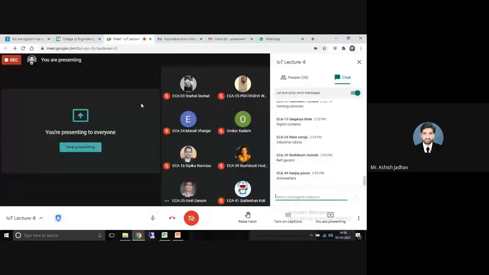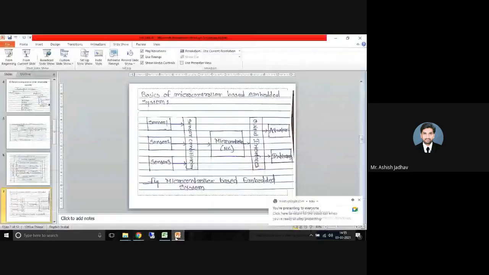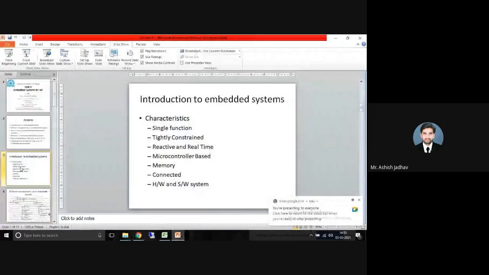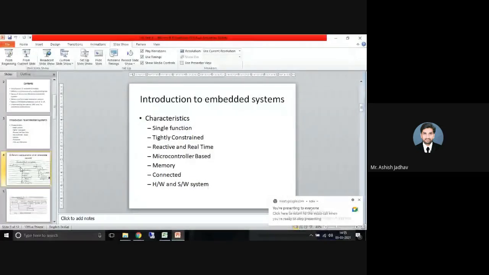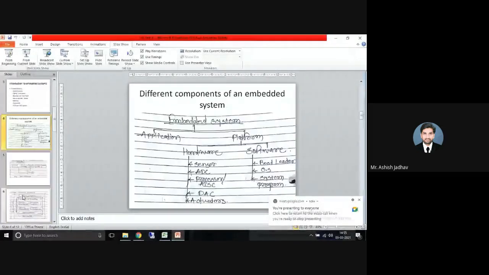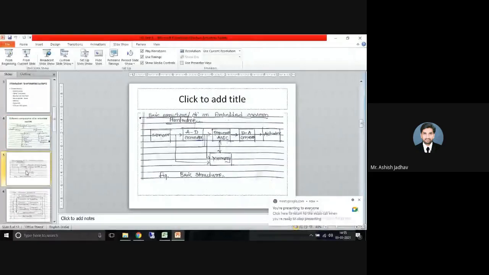Okay, so with that understanding, I have a plan for software-based embedded systems tomorrow. Maybe in the next lecture we will discuss software-based embedded systems. So let me quickly tell you what we have discussed today. The different components of embedded system are done, then the basic structure of embedded system hardware is done.